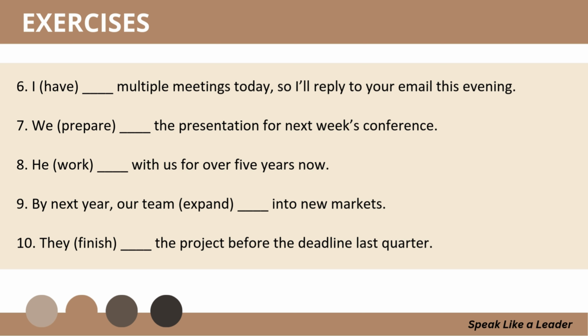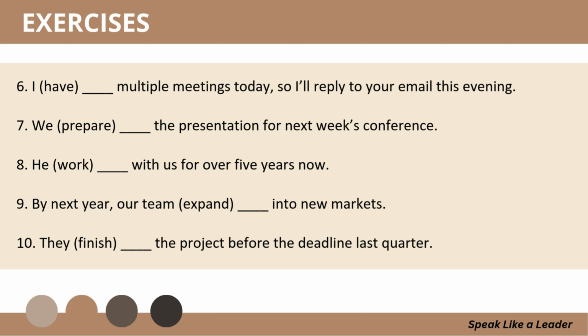Number 8. He with us for over 5 years now. So he started working for us, but he's still working now. He has worked with us. Very good. The present perfect tense indicating an action that started in the past and continues to the present. Number 9. By next year, our team into new markets.